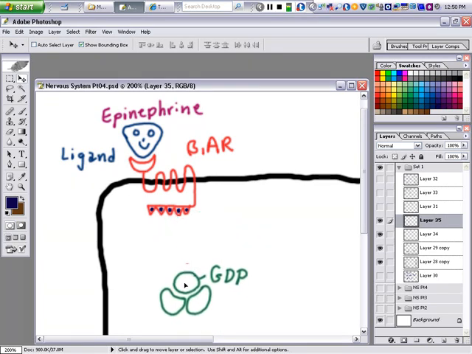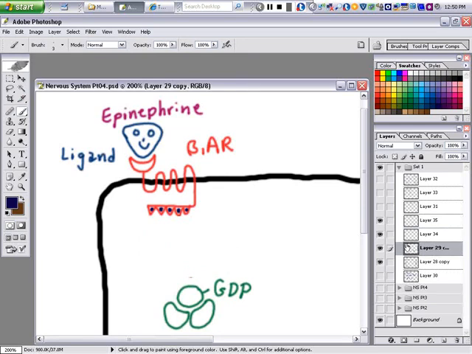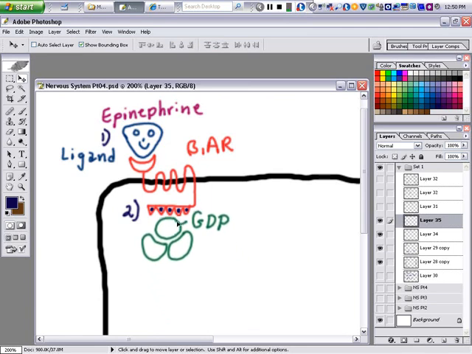So the first step in this process is binding of epinephrine. That's step 1. Step 2 is that the receptor changes on the inside. And step 3 is this trimeric protein is going to move to bind to the receptor.